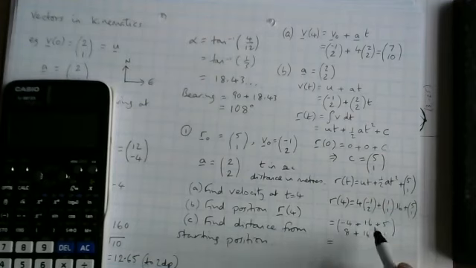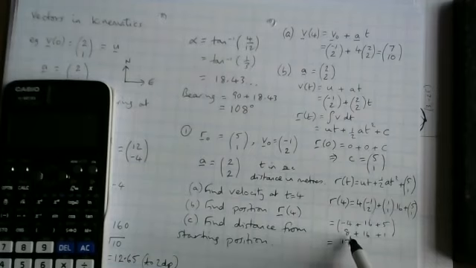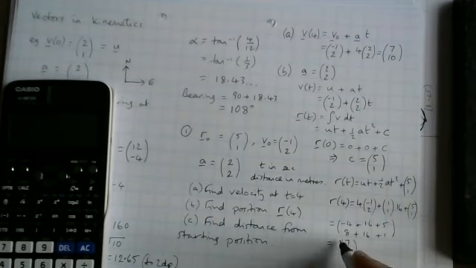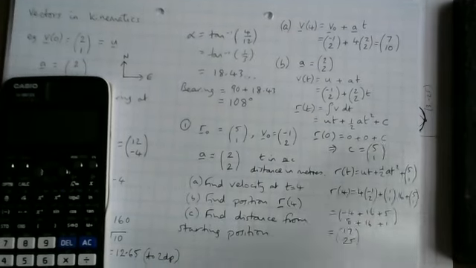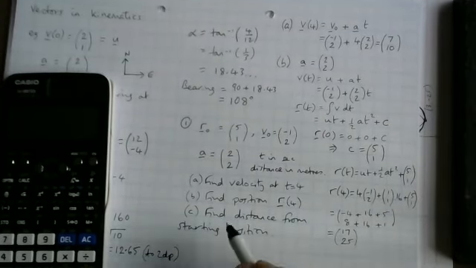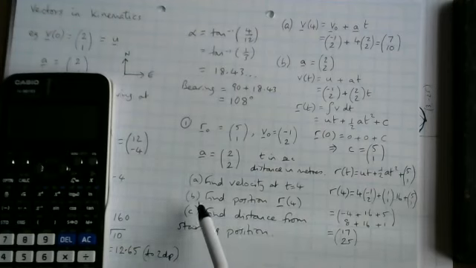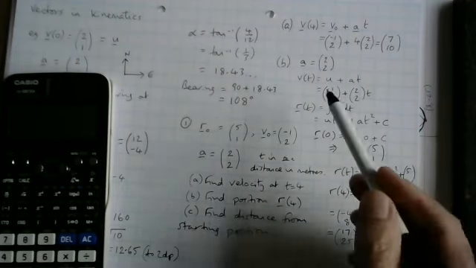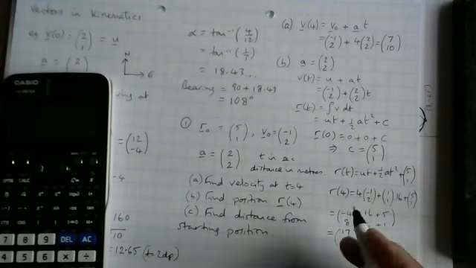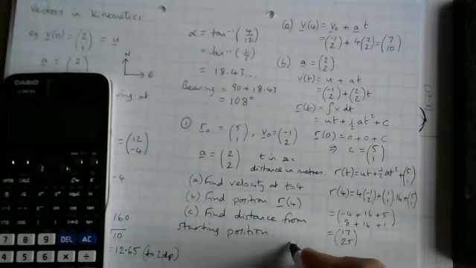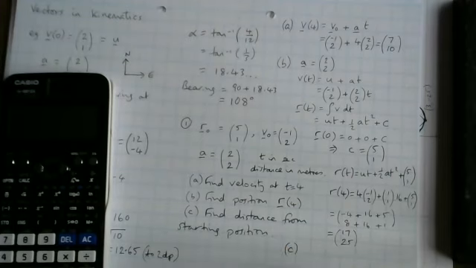Which equals minus 4 plus 21 is 17. 24 plus 1 is 25. And finally then, we know the position r of 4 is 17, 25. That's much trickier.